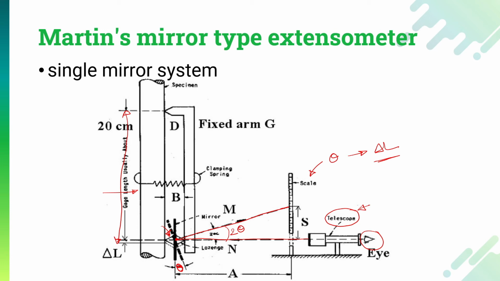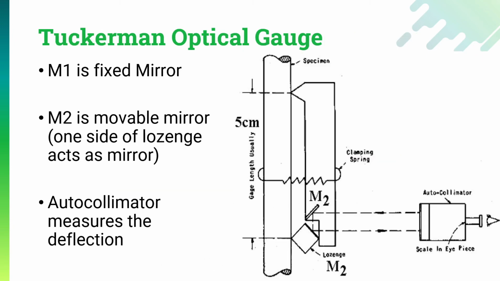Now the second device is the Tuckerman's optical gauge. This is one of the most commonly used strain gauges in this particular category, which was developed by L.B. Tuckerman. Now it basically uses a combination of mechanical and optical systems, and it consists of two basic parts.